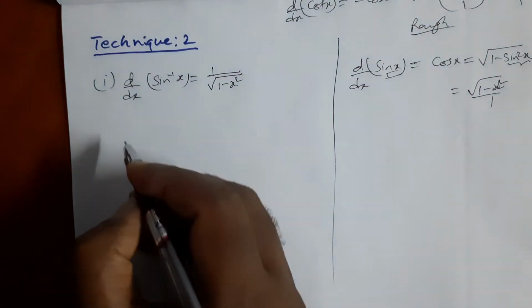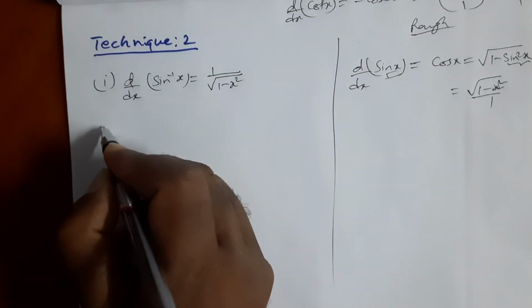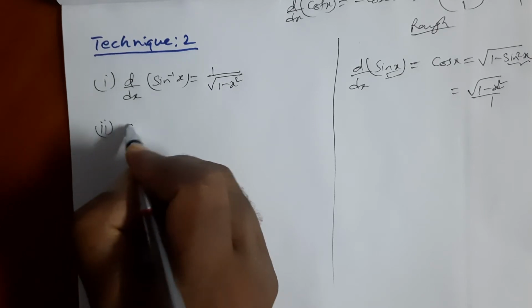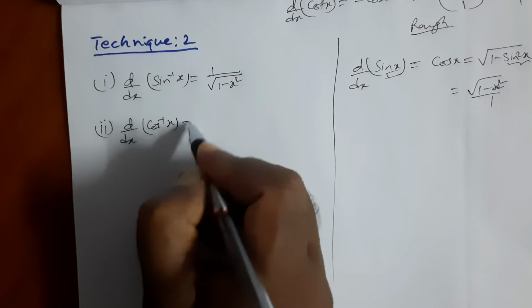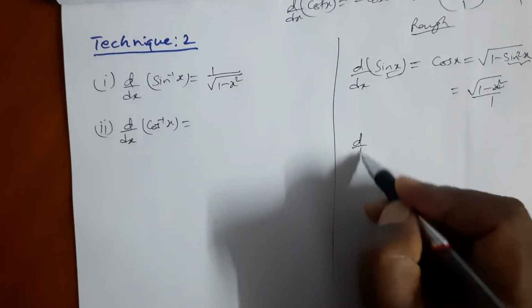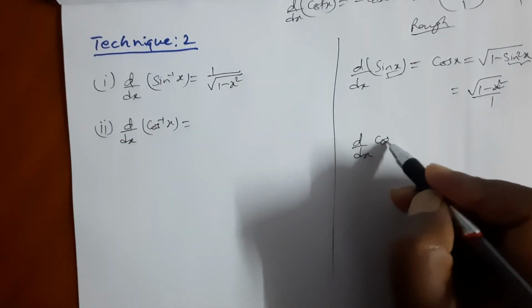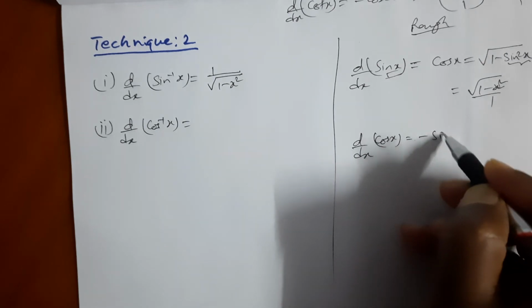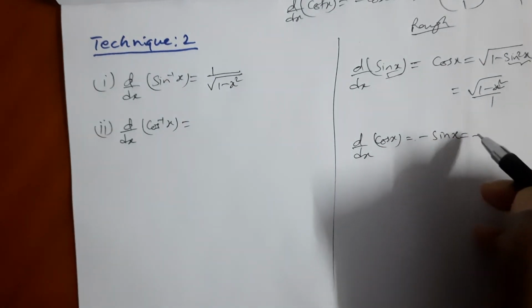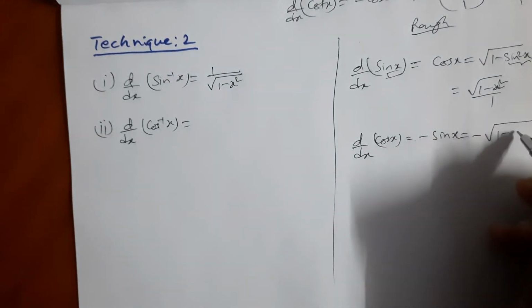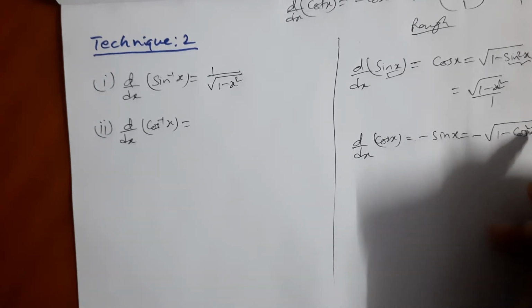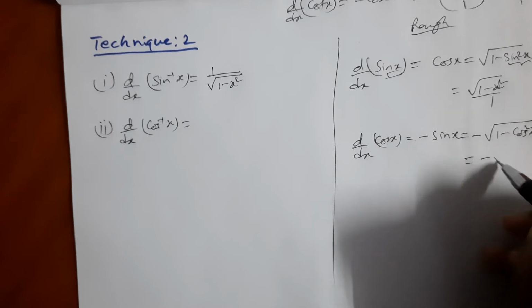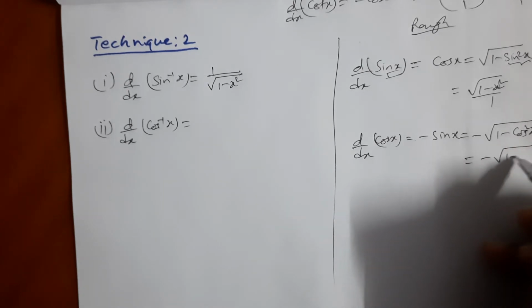Now look at the next one, d over dx of cos inverse x. The derivative of cos x we know is minus sin x, and sin x is root over 1 minus cos square x, and you can replace cos x by x, so 1 minus x square.